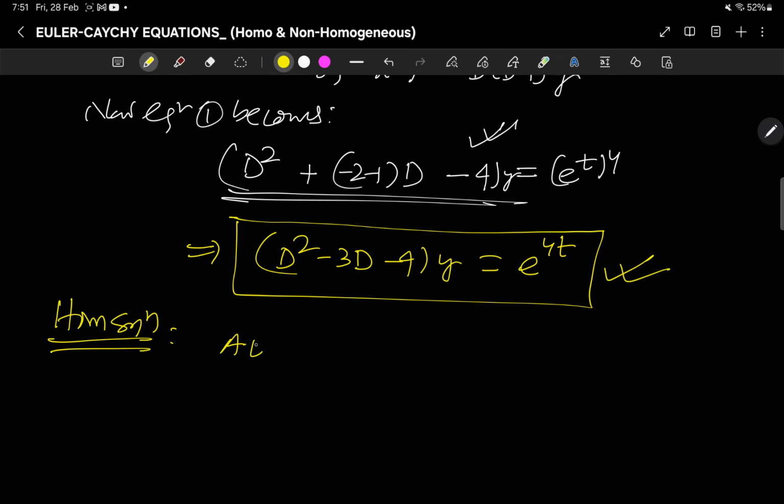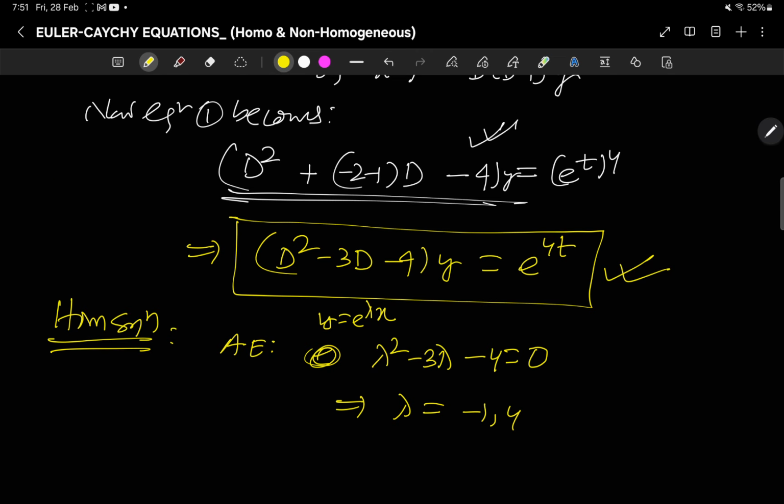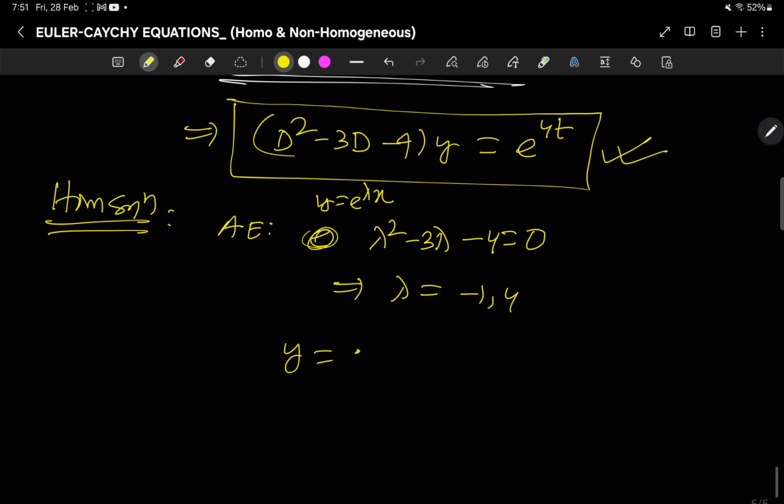The auxiliary equation, putting y equal to e to the power lambda x, will be lambda square minus 3 lambda minus 4 is equal to 0. So lambda is equal to minus 1 and 4. So y is equal to c1 e to the power minus x plus c2 e to the power 4x. This is your homogeneous solution.